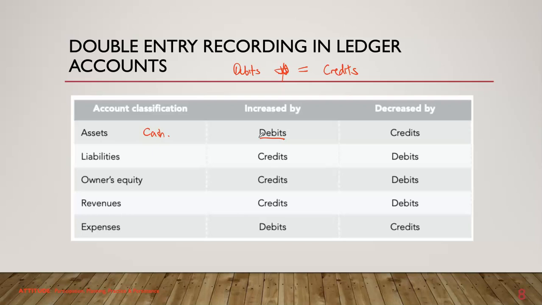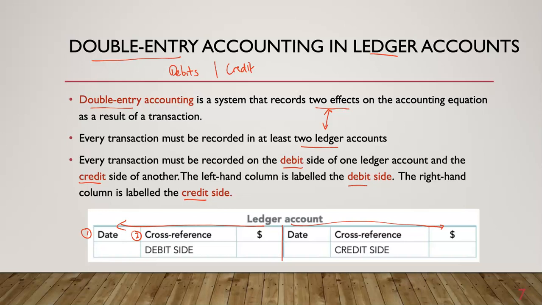So if we have, for example, cash going up by $40, I would find my cash ledger. And let's say this happened today, and I'm recording this on the 10th of February. And let's say my cash went up by $40, I'd record it like so.